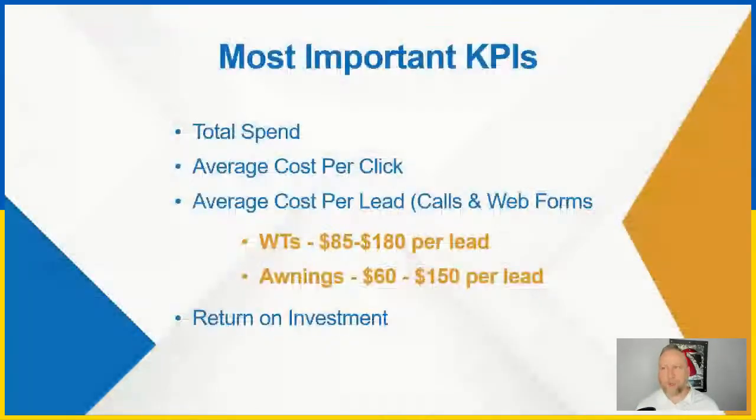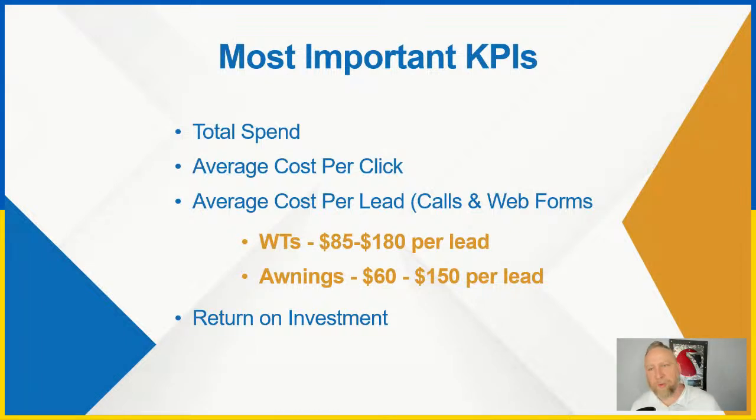Also, cost per lead. This is probably the biggest thing that we track for our clients: how much did it cost for every lead that we got, and that number varies wildly. For window treatments, these numbers are probably a little bit low right now, with the way the economy has been pre-election, I should say.